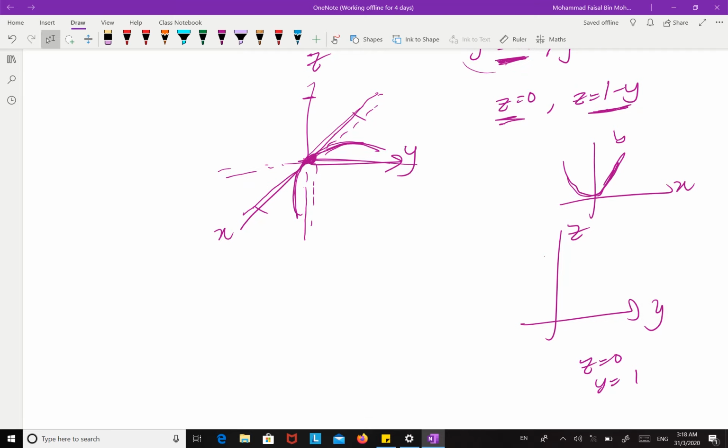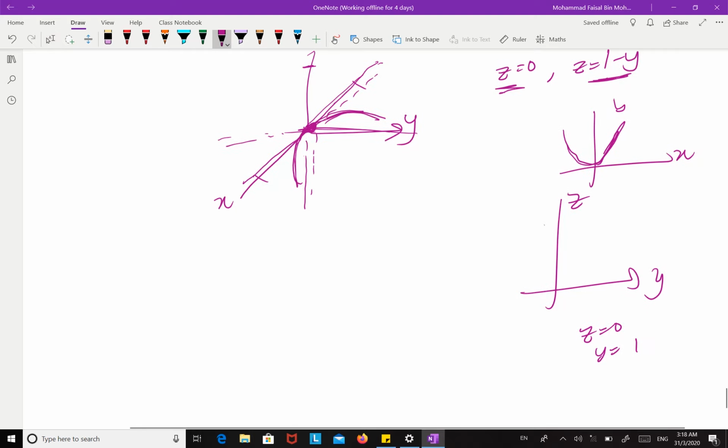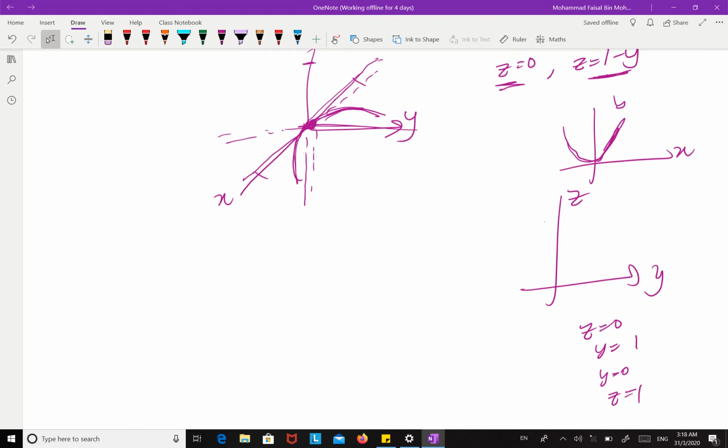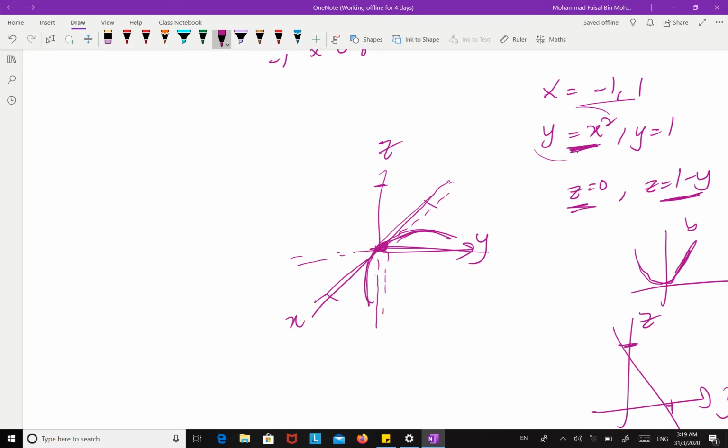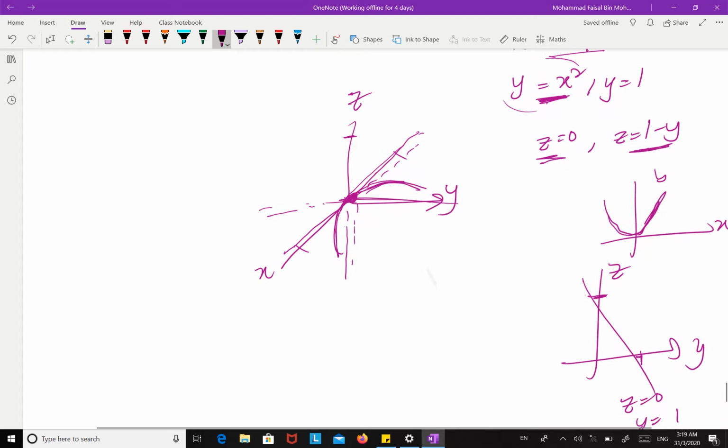Sorry, when z = 0, yeah, y equals 1. When y = 0, z also equals 1. So somehow it is here and here. So it will be sliced like this. Can you see? It will be sliced at z equals 1, y equals 1.